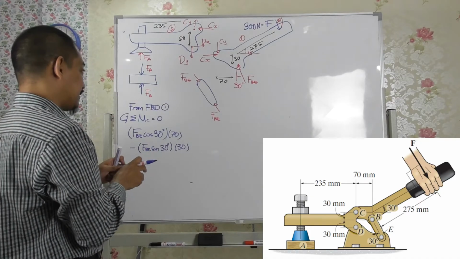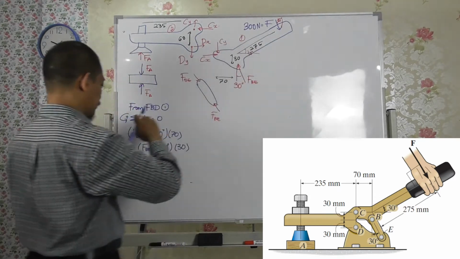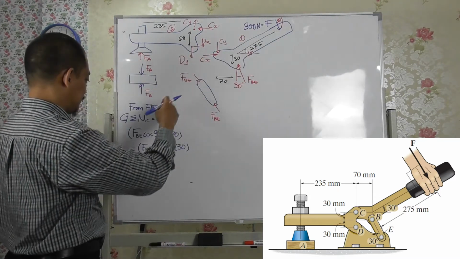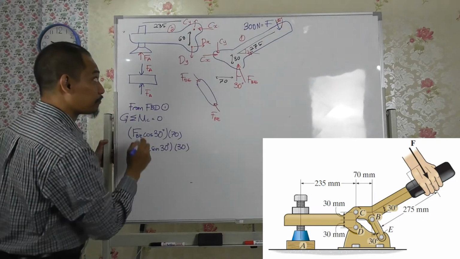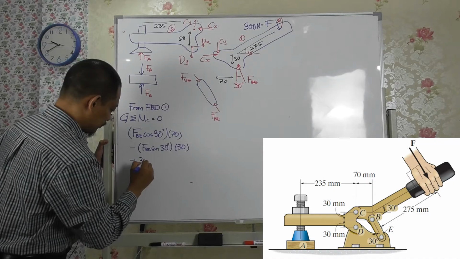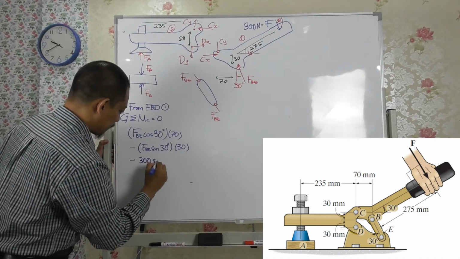If I take the X component first, the horizontal component, it will produce clockwise, so minus, which is 300 Newton times sine 30 degrees.